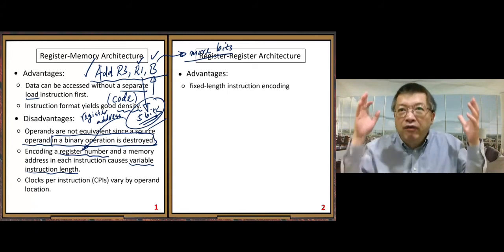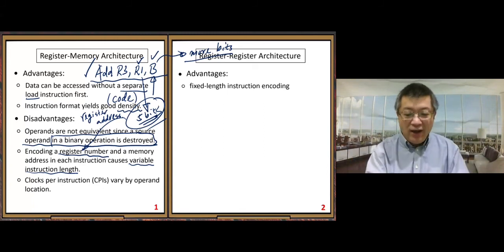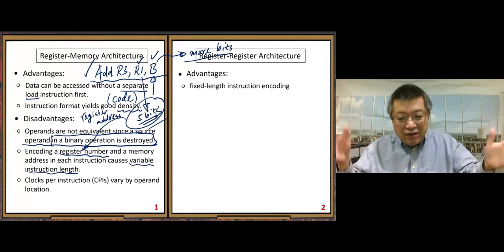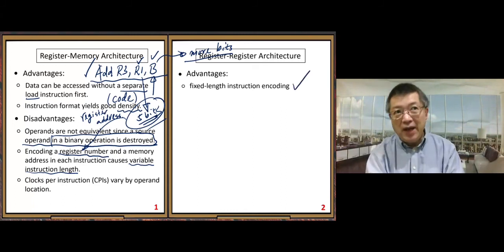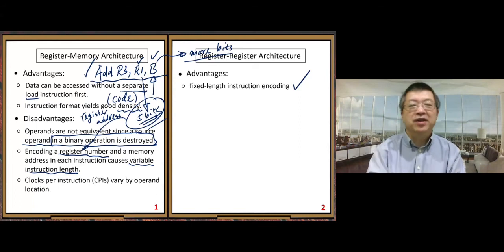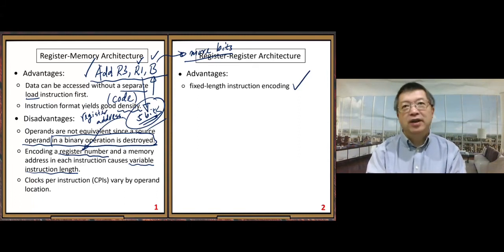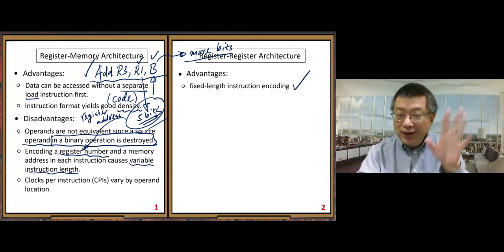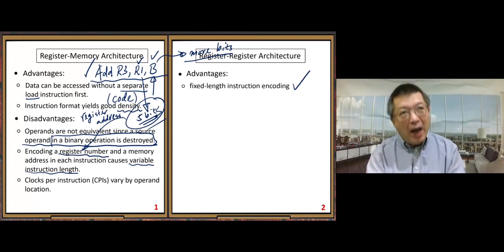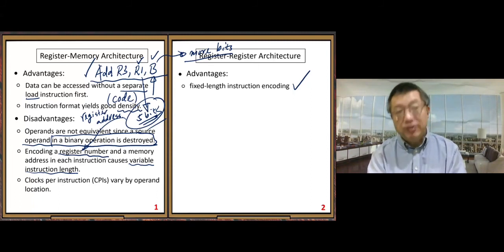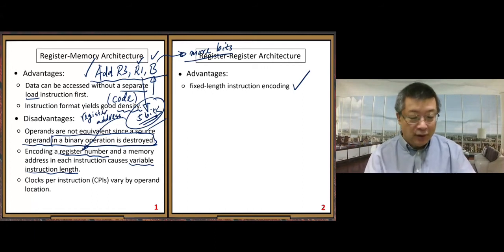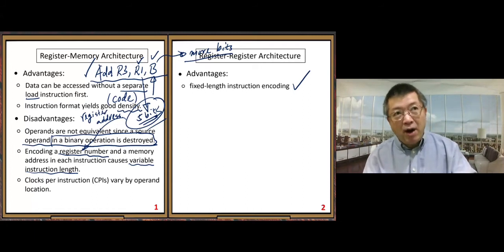If we can avoid that, then we can get fixed length instruction encoding. But you need more information to understand that. At this point, you may not be able to understand this completely, because we have a lot of story behind it. We need to learn that in the next part, part C.